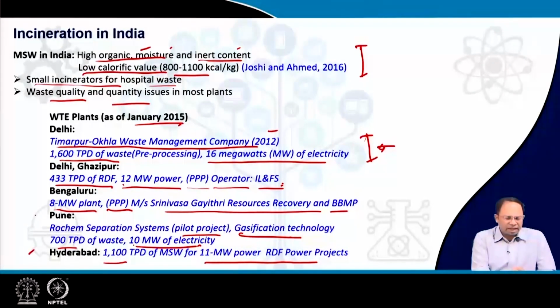So these are some examples of RDF and waste to energy facilities that have been developed. Some of them use RDF, some are pure incineration plants. Some of these are still operating, some have closed.